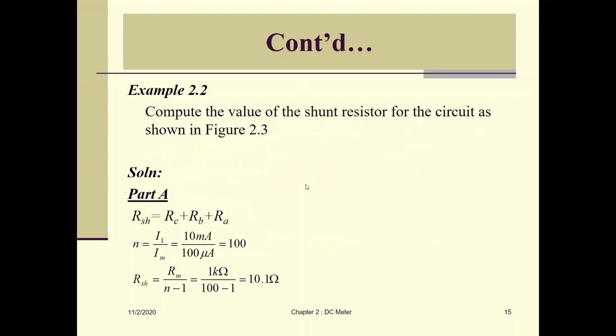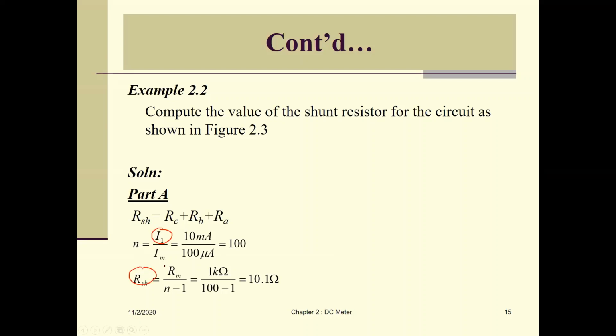This is part A. I1 is the 10 milliampere, divided by IM which is 100 microampere, so the amplifying factor is 100. Then you have to calculate the resistor R shunt here.